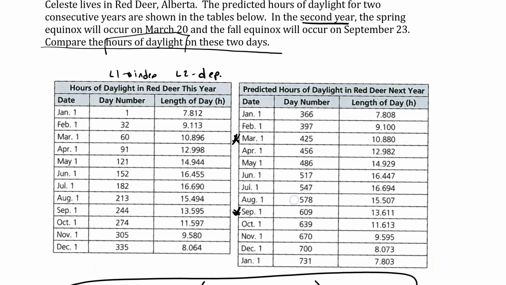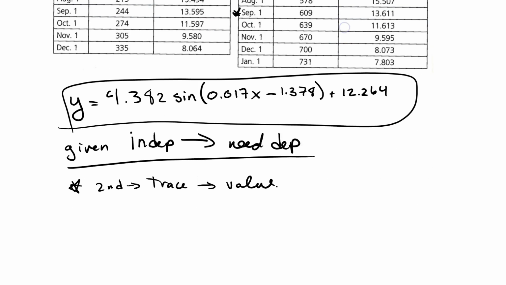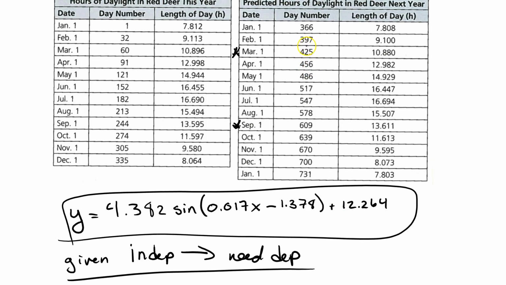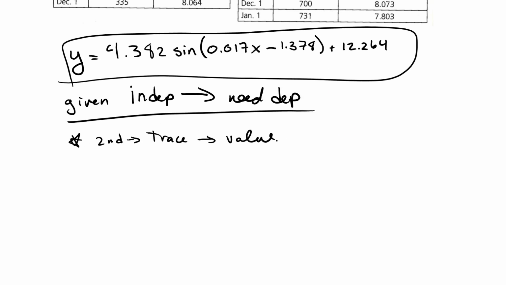When we're looking for March 20th, we're not going to add 20 to this number. We're going to add 19. So for March 20th, 425 plus 19 is 444.